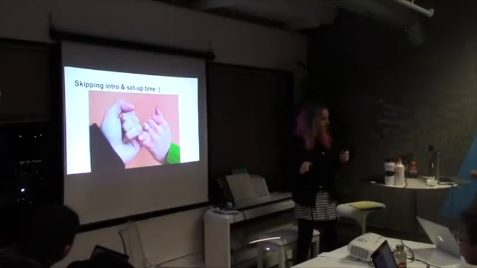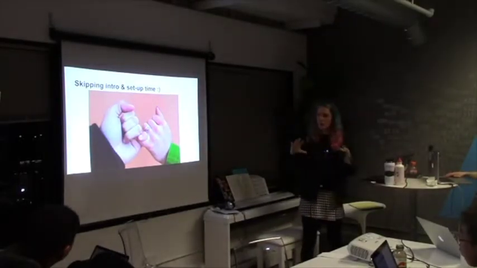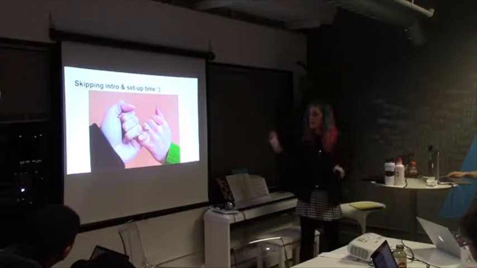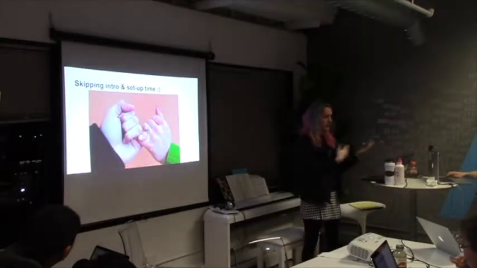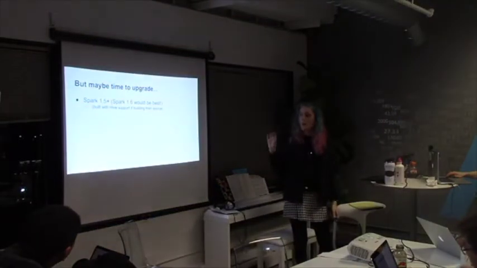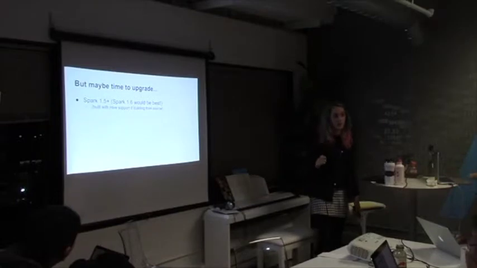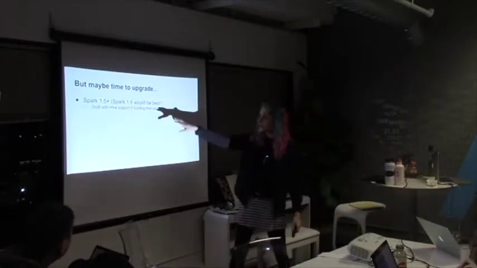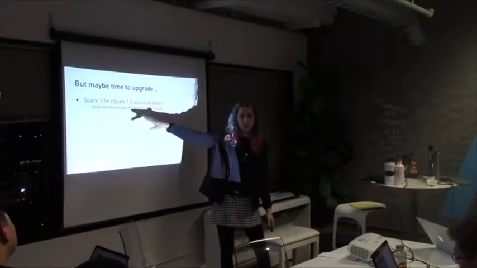So that's great. We're going to skip the generic intro to what RDDs are and what data frames are. But if you have questions about those things during the exercises, feel free to ask the TAs or myself. And we're going to skip setup time. But if you have an old version of Spark, you probably want to upgrade. To do all of today's exercises, you'll need Spark 1.6.